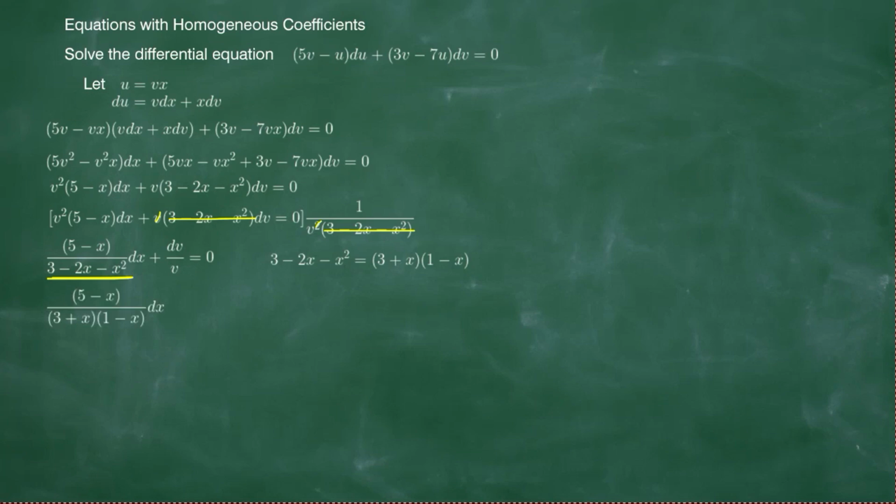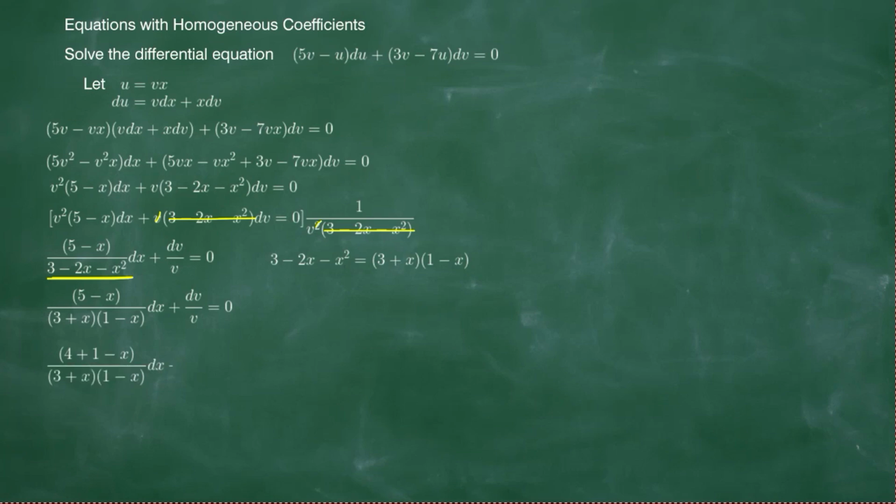So the denominator of the first term will become (3 + x)(1 - x) plus dv over v equals 0. Now the numerator can be written like this: 4 plus 1, that is 5, minus x, over (3 + x)(1 - x) plus dv over v equals 0.